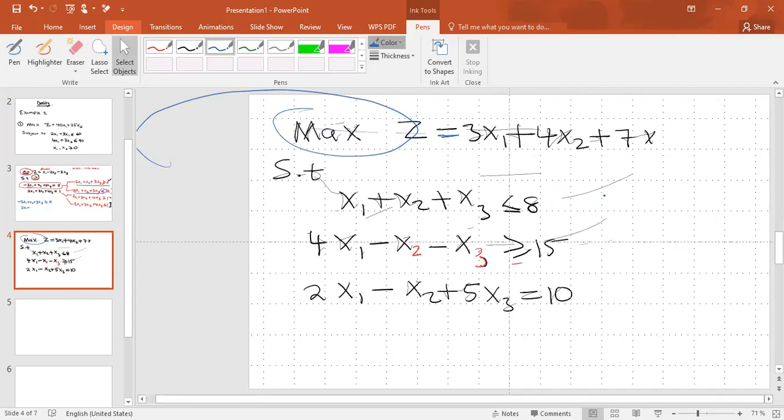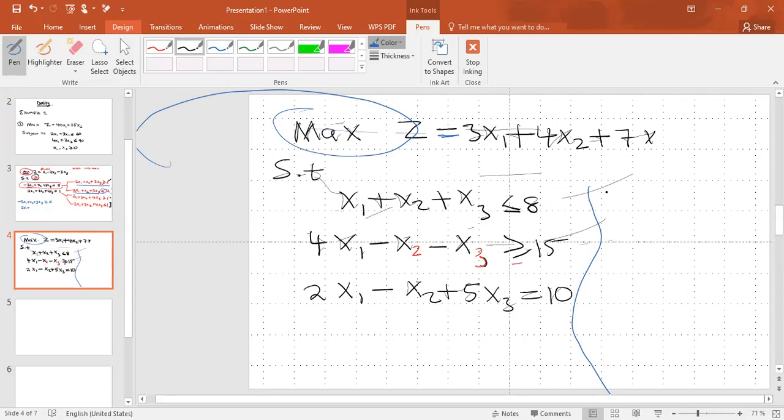It should be less than. So the first one won't change. What will happen to the second one, which is greater than? It will change. And how are we going to change it?